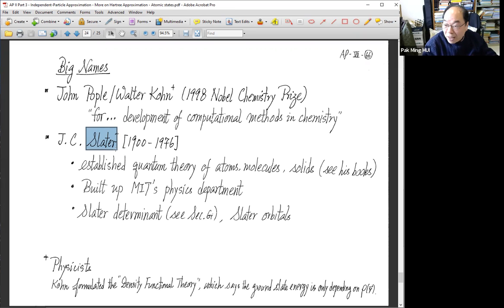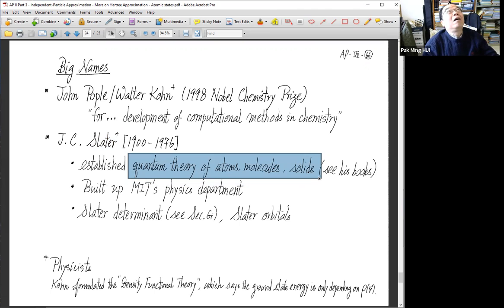He was the department head for a long, long time at MIT. And he wrote many books. You go to the library, look up his book on the quantum theory of atoms, molecules, and solids. You will find several books written by him from 1940 to 1970. They are all classics now.